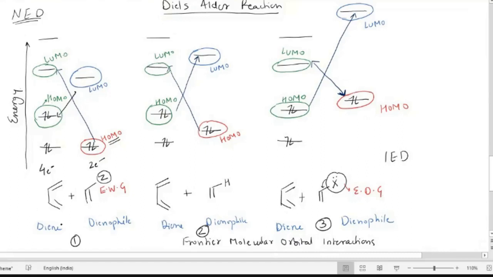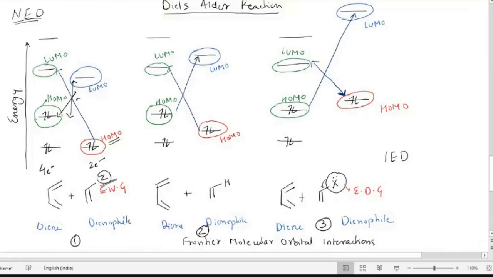Now suppose this is a diene and dienophile, and dienophile is having an electron withdrawing group. Now this leads to decrease in the HOMO-LUMO energy of dienophile. Now here if you see the highest occupied molecular orbital of diene and lowest unoccupied molecular orbital of dienophile, the energy difference is less.